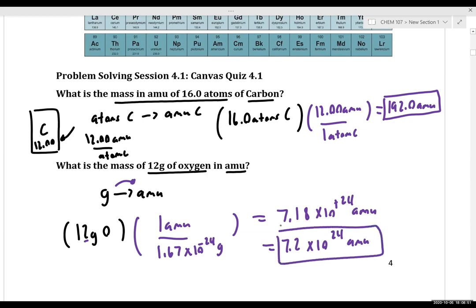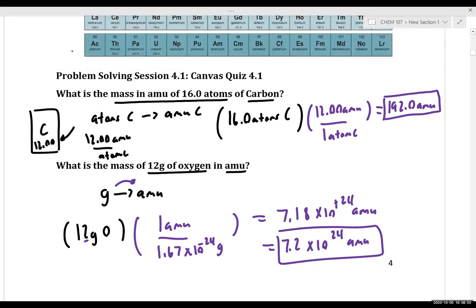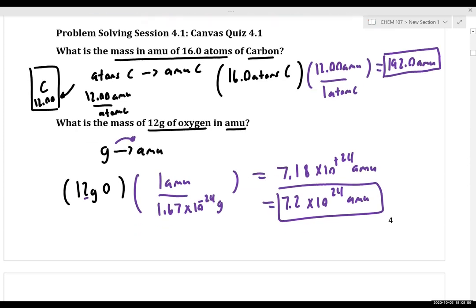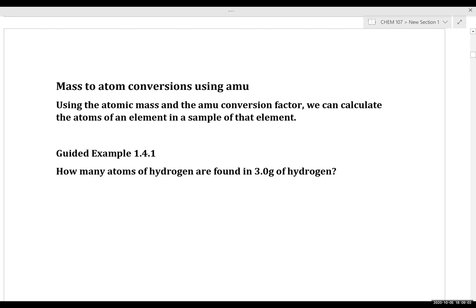Does this example make sense? Yes. Perfect.